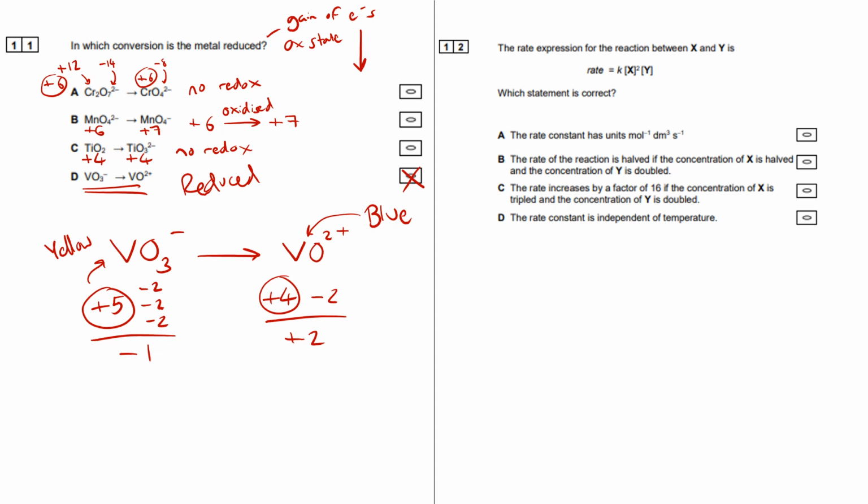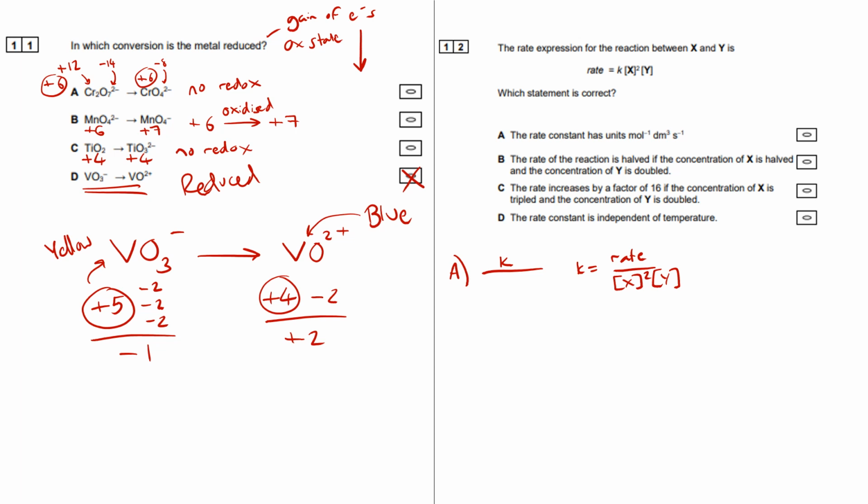You plug in the units for concentration and rate. So units for rate is moles per decimeter cubed per second. And then we have 3 lots of concentration. So you've got moles per decimeter cubed squared for x times moles per decimeter cubed for y. Now looking at this, you then simplify the expression, so one of the moles per decimeter cubed is going to cancel out.